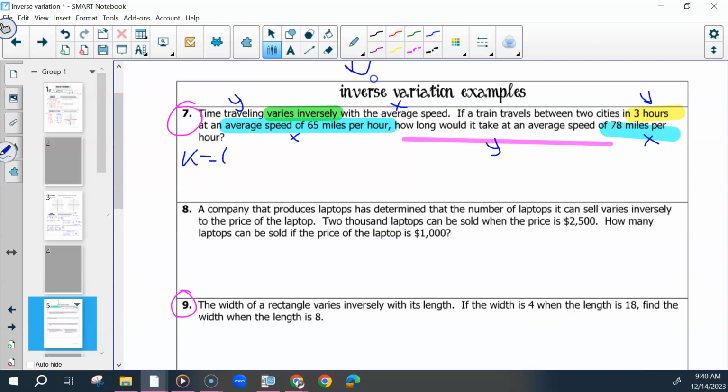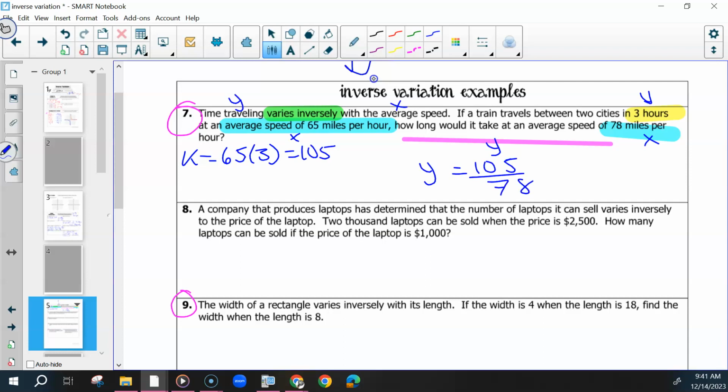65 times 3, which would give us 195. Now, in these cases, we're not going to put something per something because that was more per slope. And then to set up our equation, what would that look like? 195 over 78.